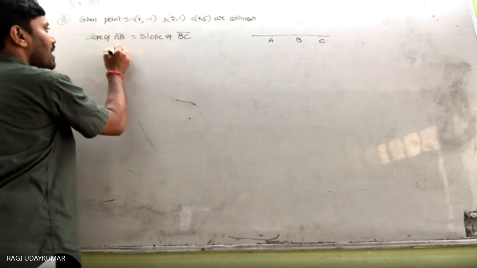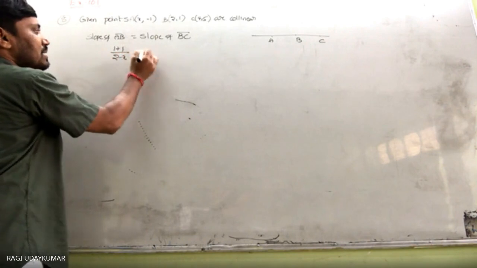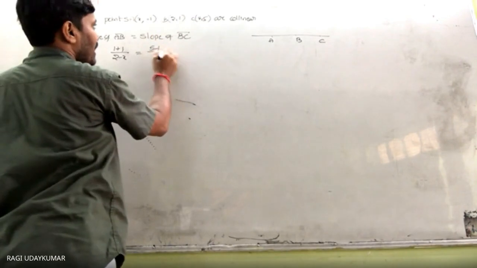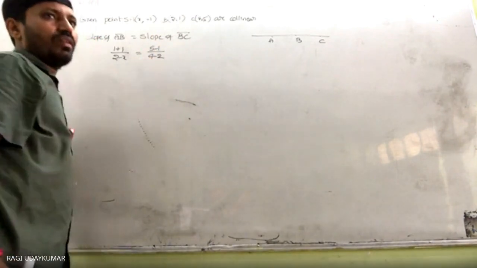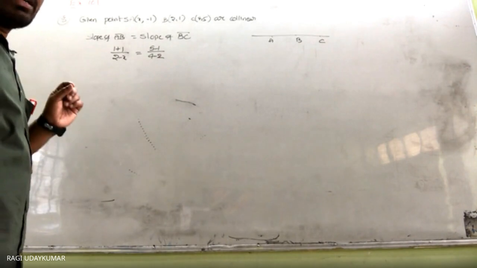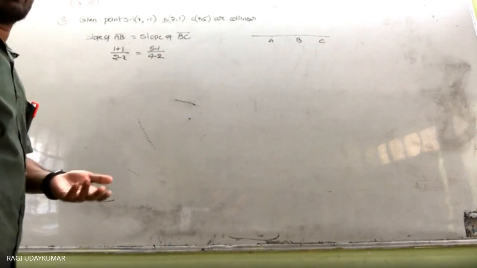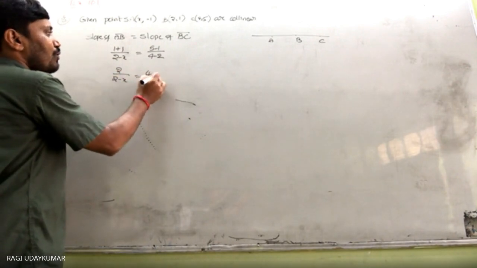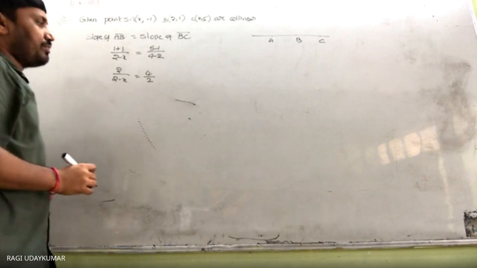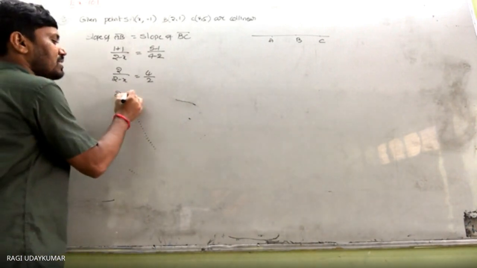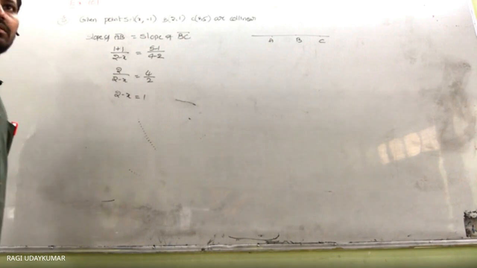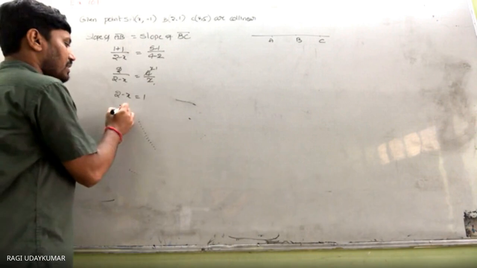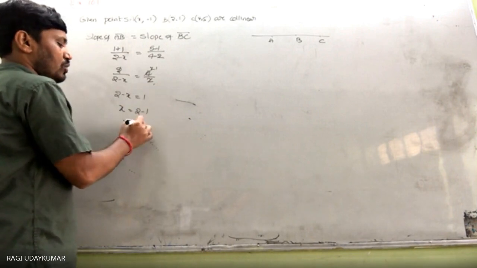Slope of AB is 1 plus 1 by 2 minus x, equal to the slope of BC, 5 minus 1 by 4 minus 2. That is the difference of y coordinates by difference of x coordinates, y2 minus y1 by x2 minus x1. So 2 by 2 minus x equals 4 by 2. So 2 minus x equals 1. So x equals 2 minus 1. x is equal to 1.